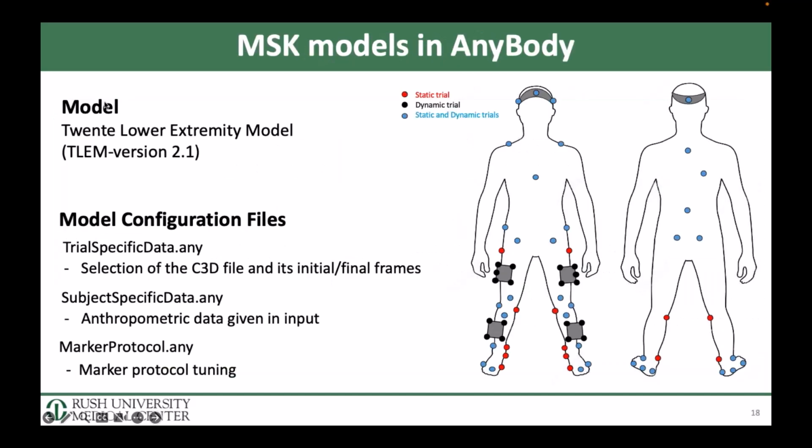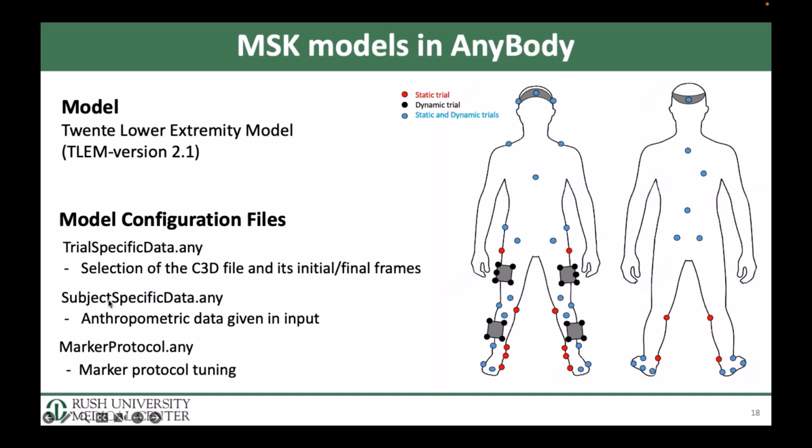Okay, so as I was saying before, the model that we use for the current investigation is the twente lower extremity model, version 2.1. Here, I just want to briefly mention some of the files that we used and, let's say, modified for the investigation. In AnyBody, there is a specific file related to the trial that has to be performed, the trial specific data.any file, in which you can select the C3D file you want to have as input, as well as the initial and final frames.